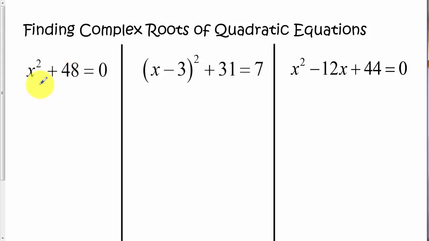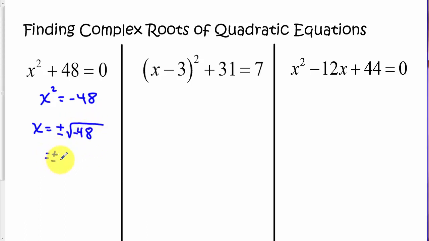So we did one like this in the lesson opener. So we can solve using square roots. So we get the x squared by itself. We square root both sides, and remember when we take the square root of both sides of the equation, we want to take both the positive and the negative square root. And then in the opening slides, we talked about how to simplify this.